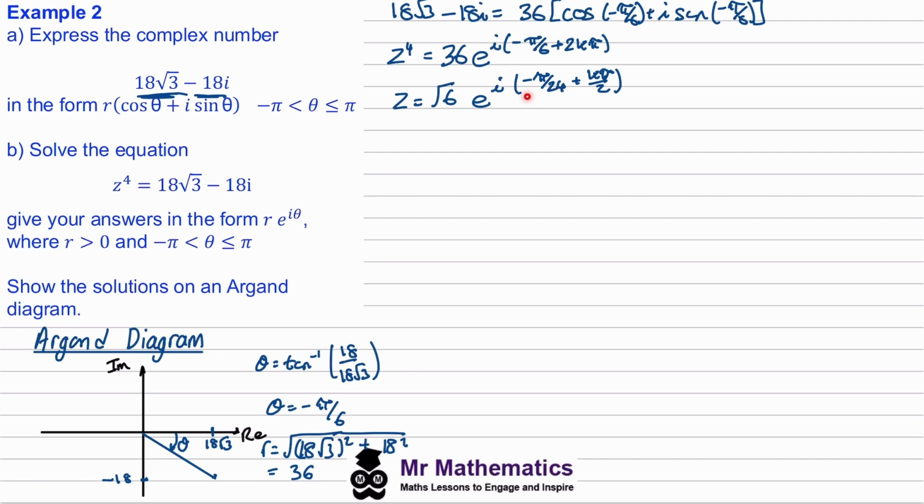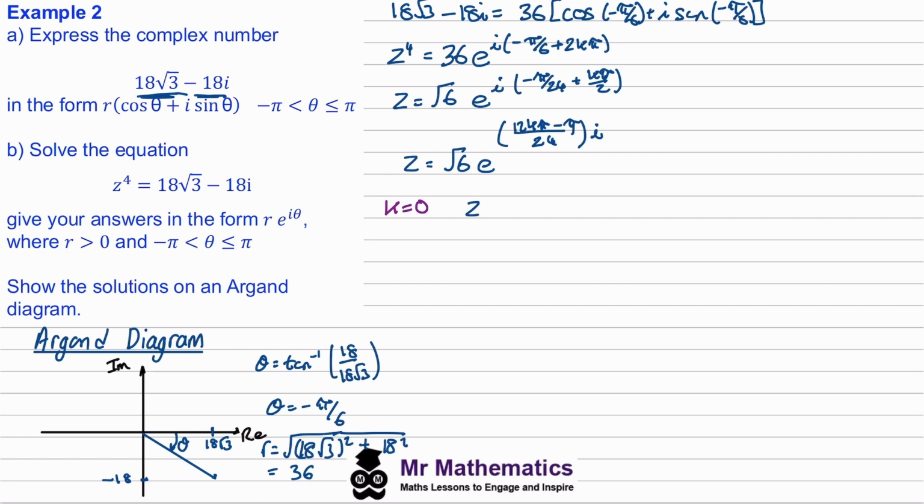And then I'm going to simplify this with a common denominator. So z will equal root 6 e to the power of (12k pi minus pi) over 24 times i. And we can work out the nth roots if we let k equal 0.